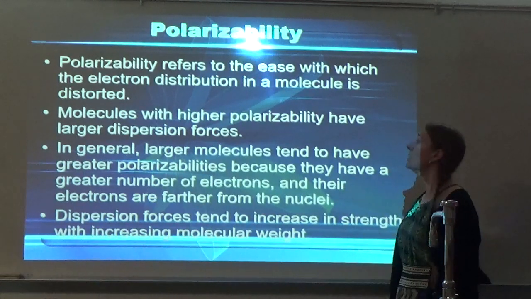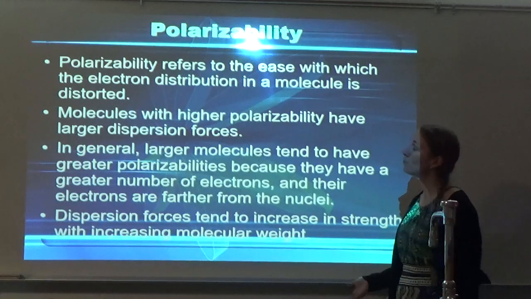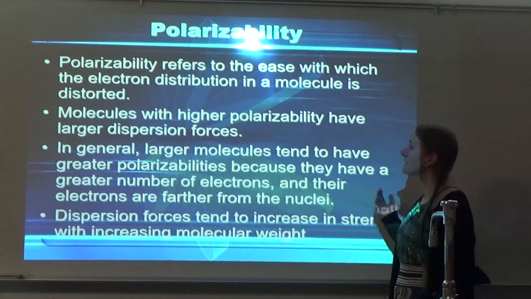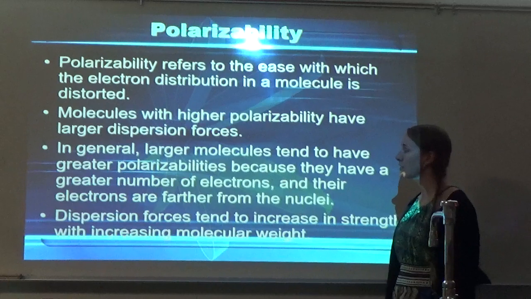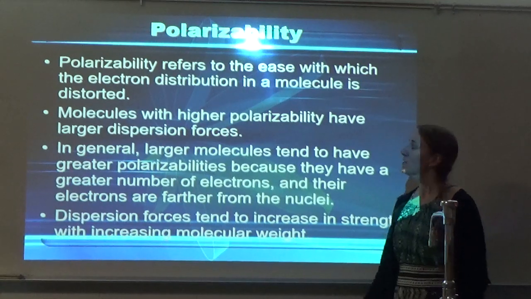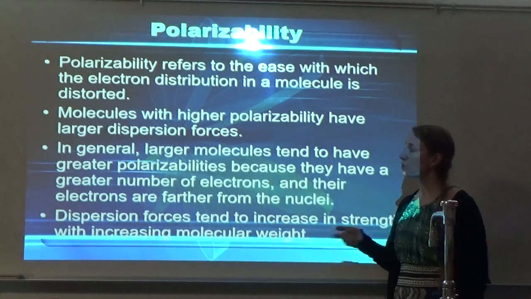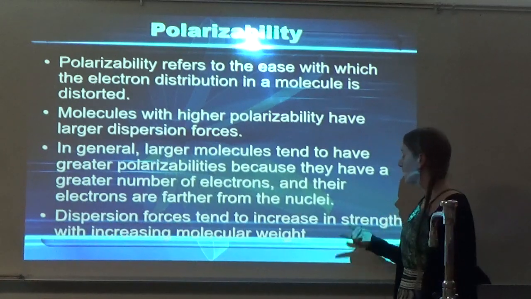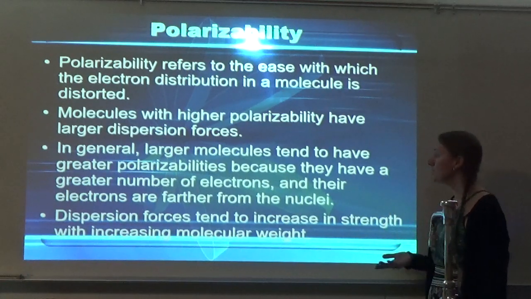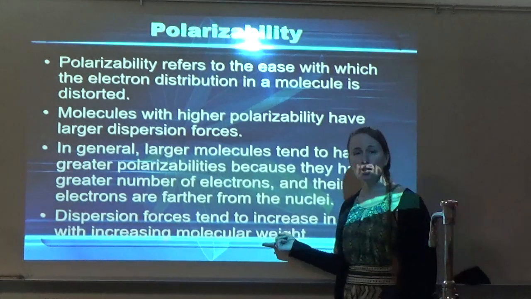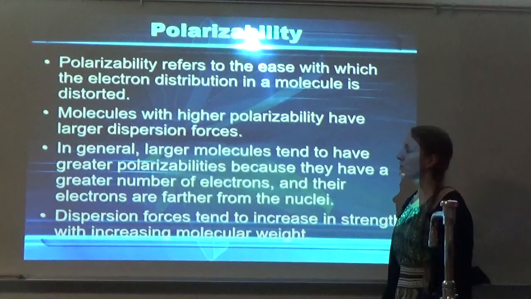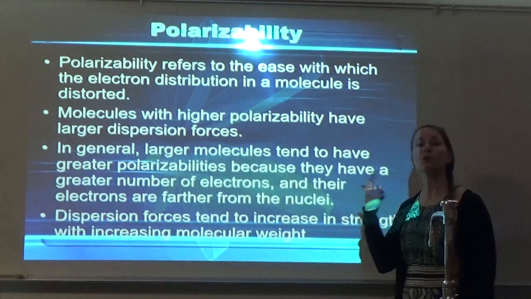Well, in general, larger molecules tend to have greater polarizabilities because they have a greater number of electrons and their electrons are farther from the nuclei. So a larger molecule tends to have more dispersion forces. Dispersion forces tend to increase in strength with increasing molecular weight or molar mass. Okay, so you can look at the molar mass.